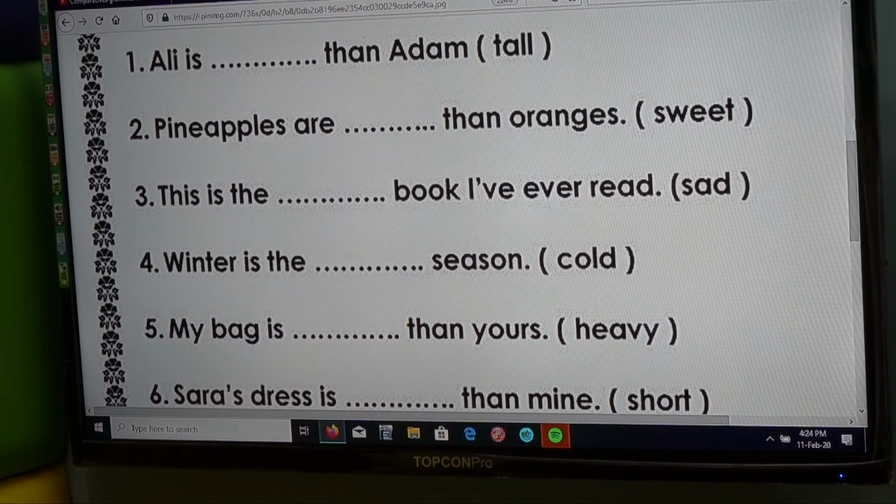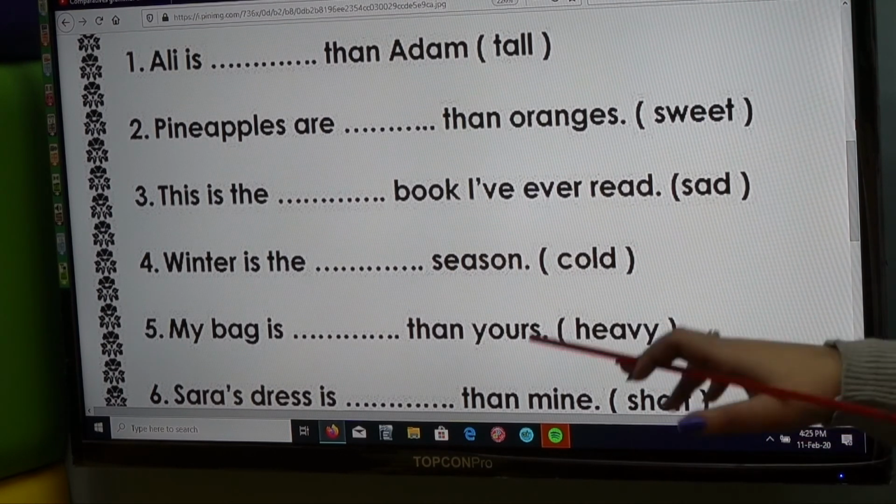For 2 things or 2 people, right? What do we use? Do we use the EST form or ER form? We use the ER form, right?